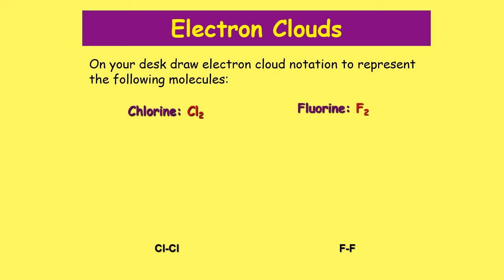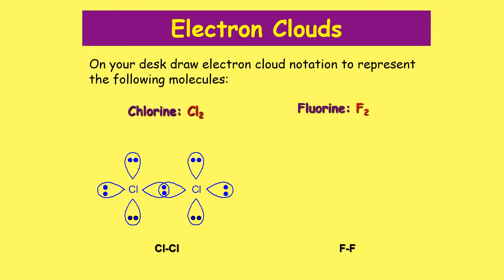So I'm hoping that you've unpaused the video and you've had a go at least one of these, if not both of them. Well, each chlorine has 7 electrons, and that means that each one can form 1 bond.